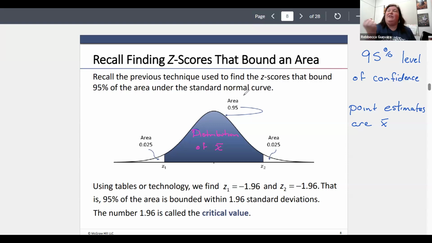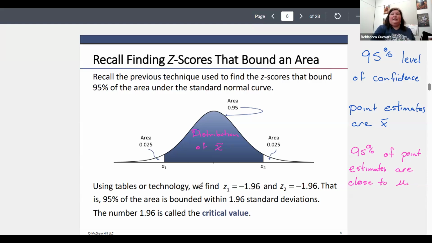And because we have a 95% level of confidence, we want to make sure that 95% of my means, my point estimates, are good point estimates. So we're really trying to make sure that 95% of point estimates are close to mu.